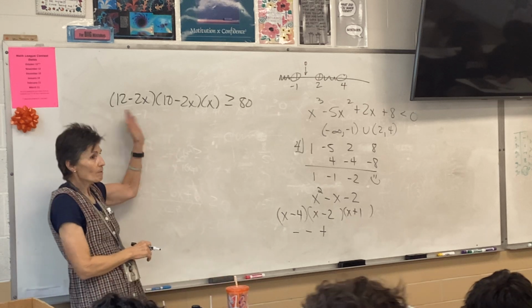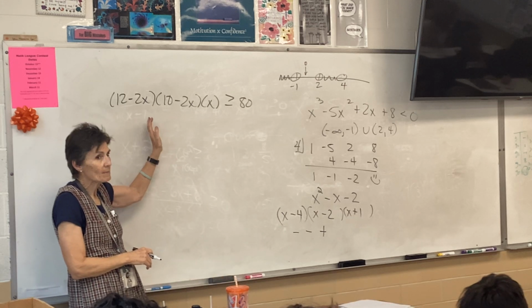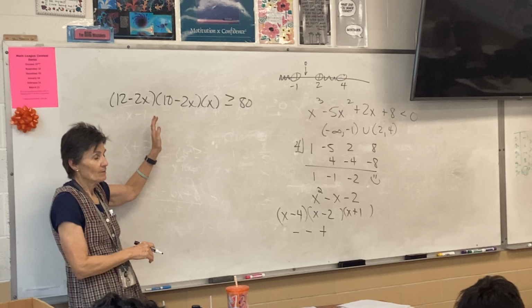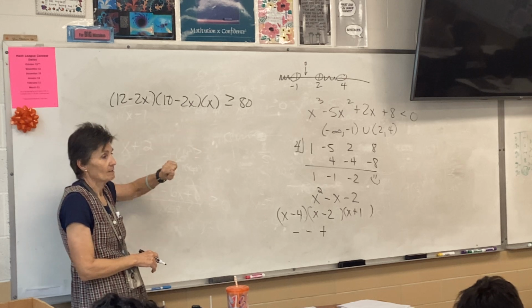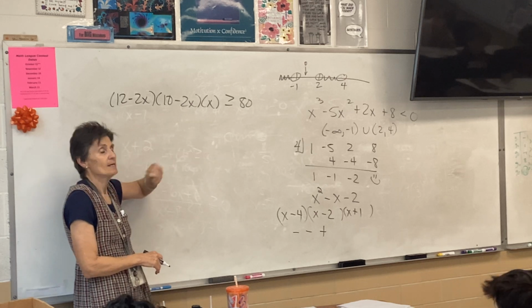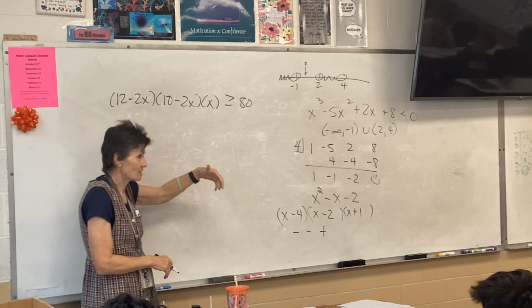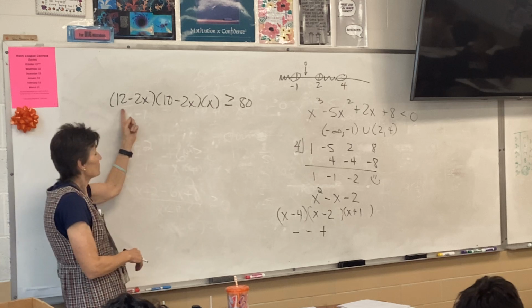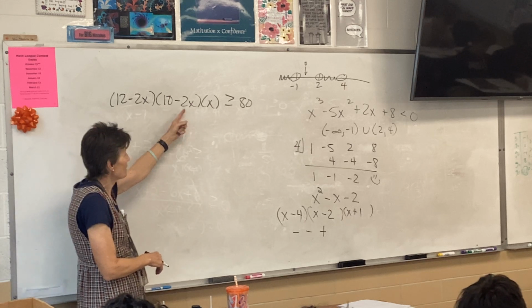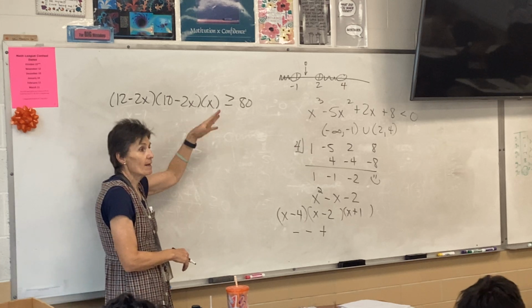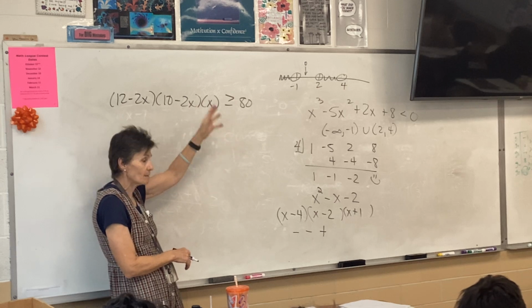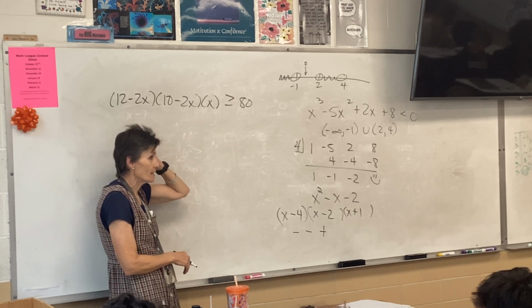Please, everybody look up here. Does that make sense? This was already on a test, probably going to be on another test, definitely going to be on the exam. You need to know the box problem. 12 minus 2x, 10 minus 2x, x, and this time it has to be bigger than or equal to 80.